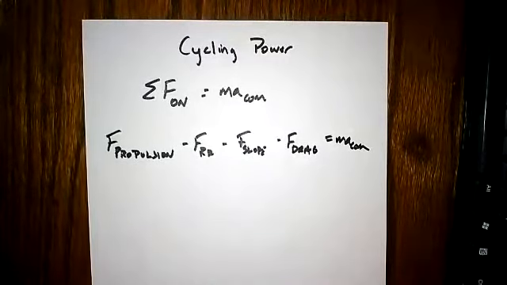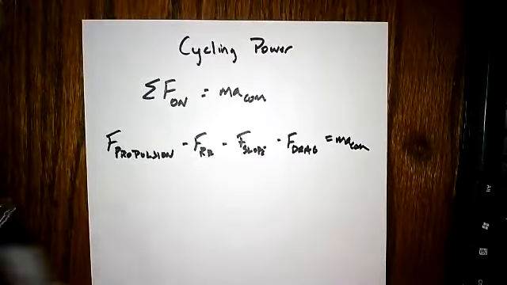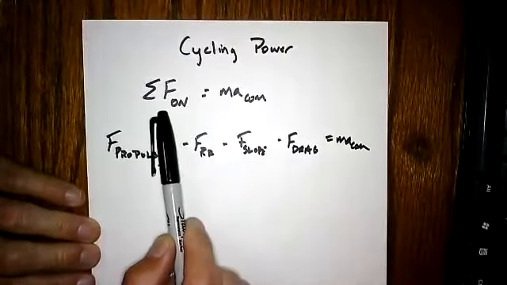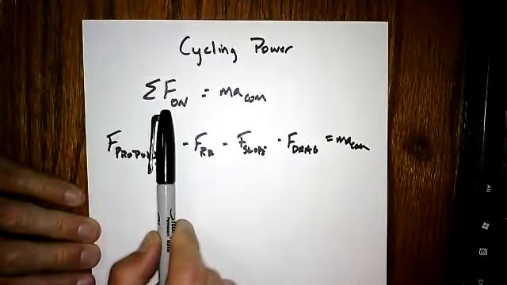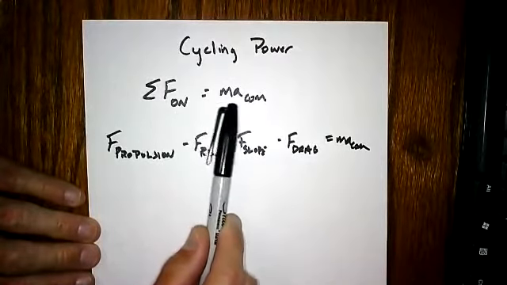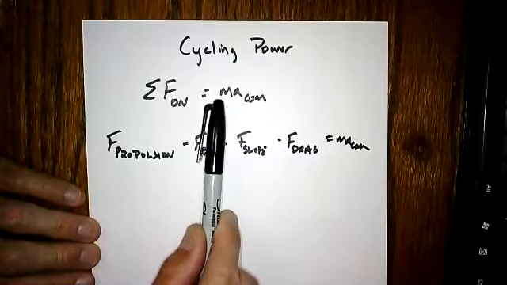Let's see how power, rate of work done, lines up with our kinetic analysis. Now, you should have already watched the kinetic analysis video, and we derived this equation here from F equals ma. We add up all the forces acting on an object. That equals the product of mass times acceleration of the center of mass.